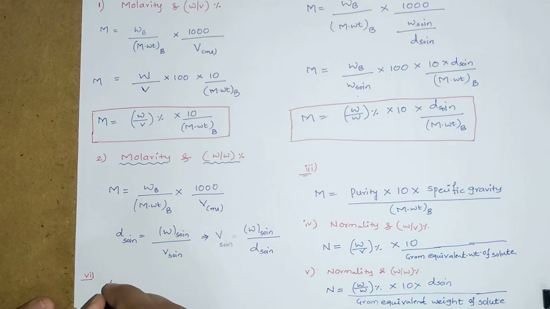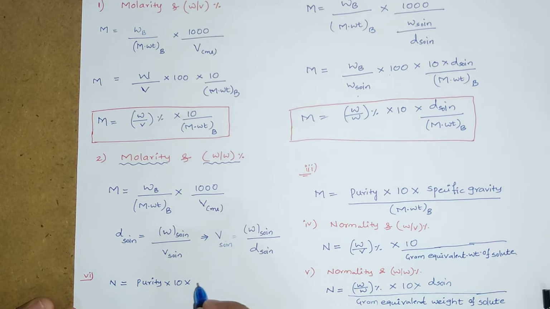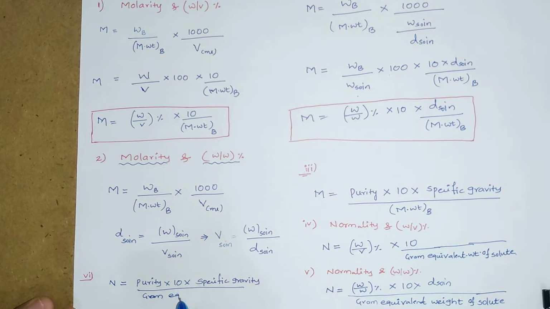Normality is equal to purity into 10 into specific gravity divided by, in the place of molecular weight of solute, what we write as gram equivalent weight of solute.